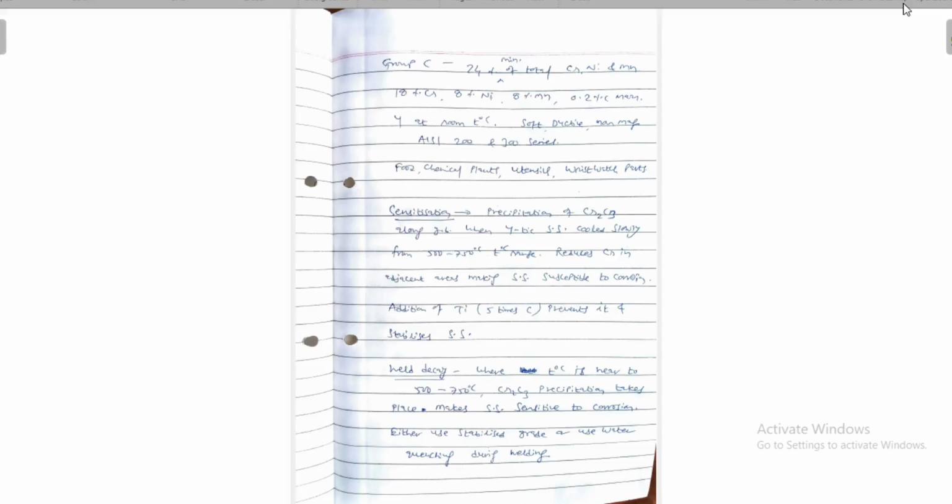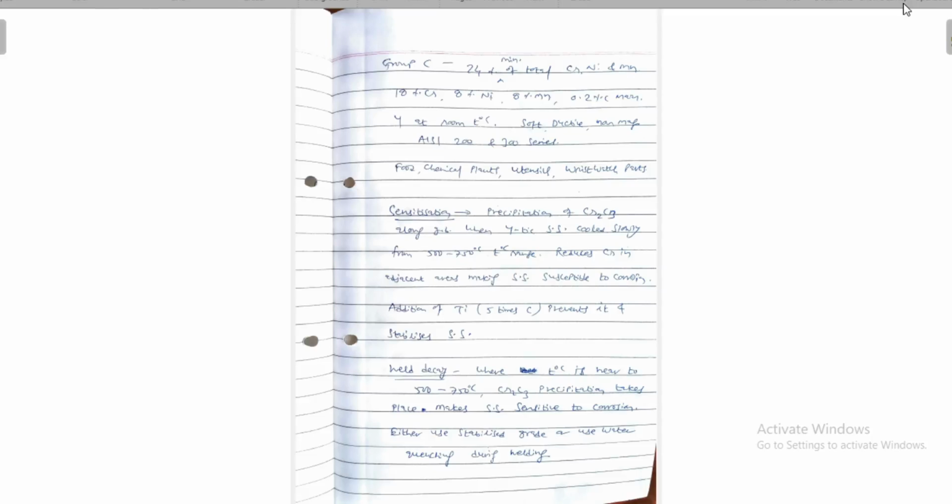Austenite at room temperature is obtained due to the presence of 8% nickel and 8% manganese. Both are austenite stabilizers. And again, the carbon content is maximum 0.2%. So it is also soft and ductile like ferritic stainless steel.